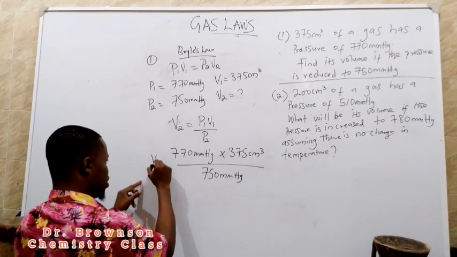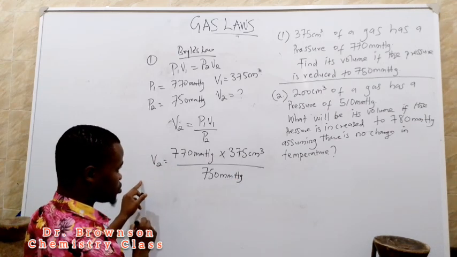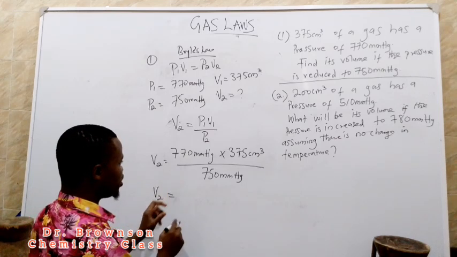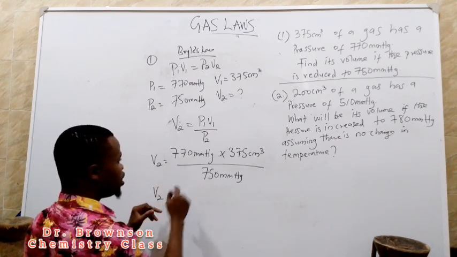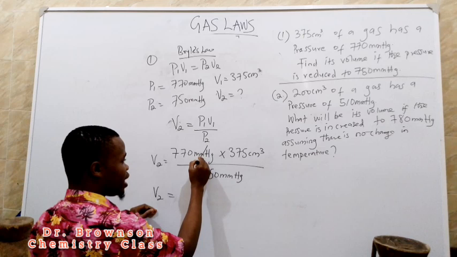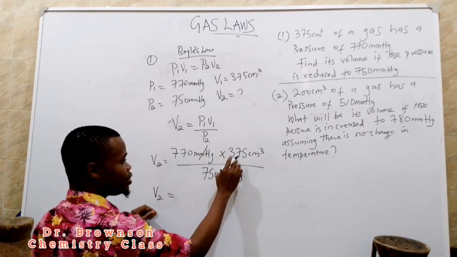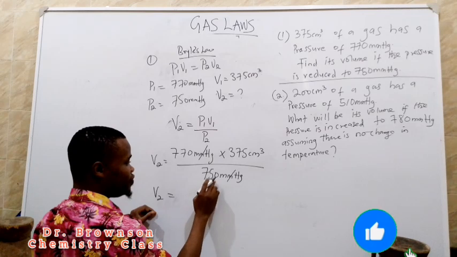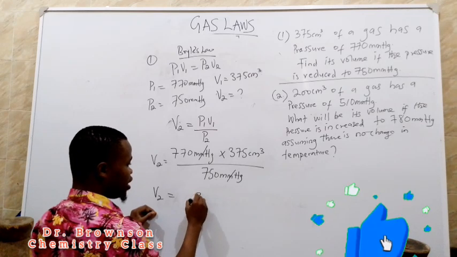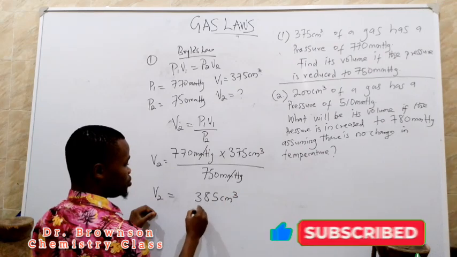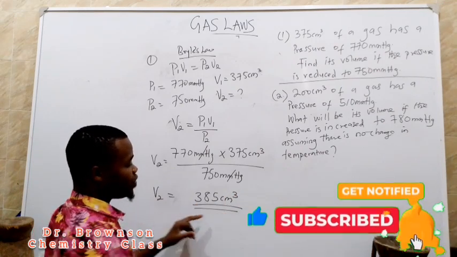So this is your what? Your V2. So over here, your V2 is equals to, now your V2 is your second volume. So millimeter mercury cancels itself. So 770 times 375 all over 750 will give us 385 what? Centimeter cube, and this becomes our final answer.